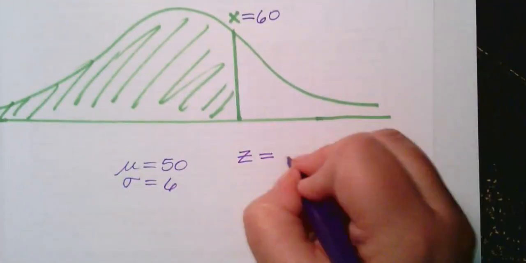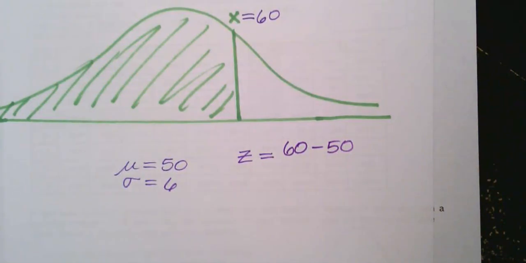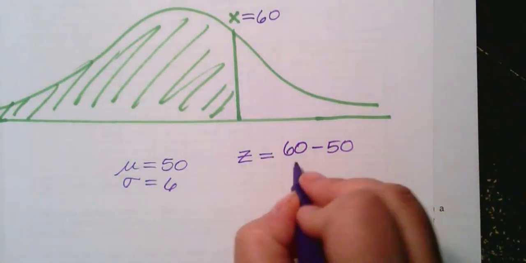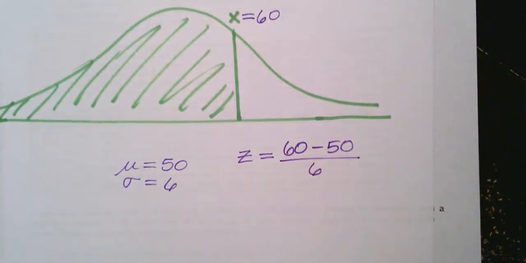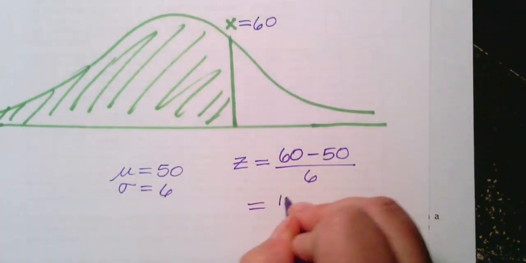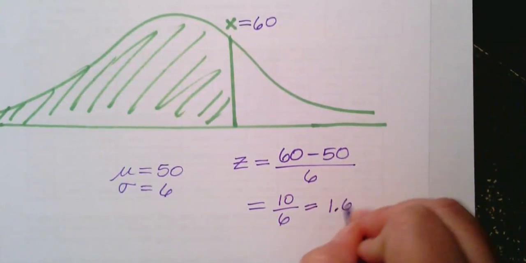So 60 minus 50, find out how far we are above or below the mean, and then divide that by the size of each standard deviation to basically find out how many standard deviations we are from the mean. And this tells me 10 over 6, which is 1.6 repeating.